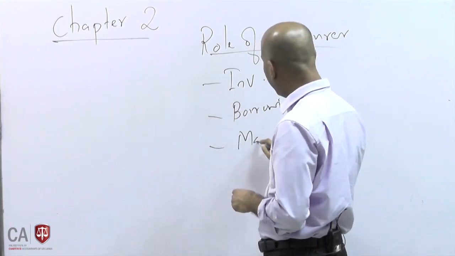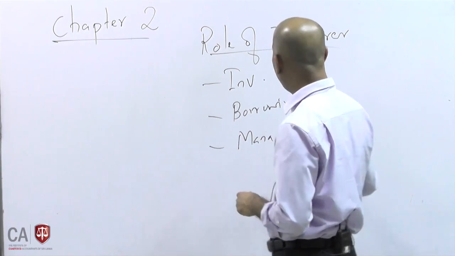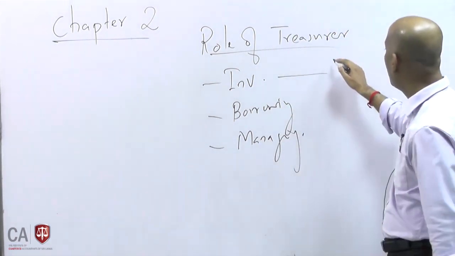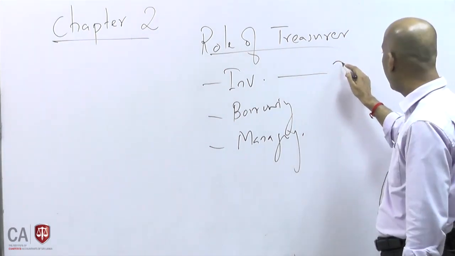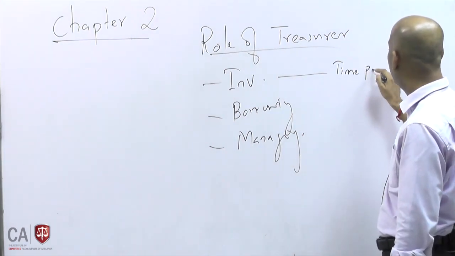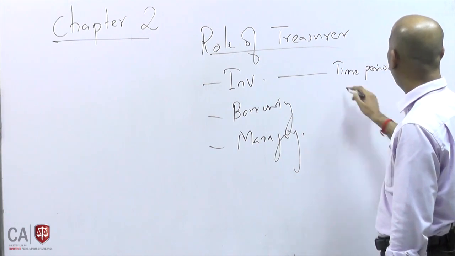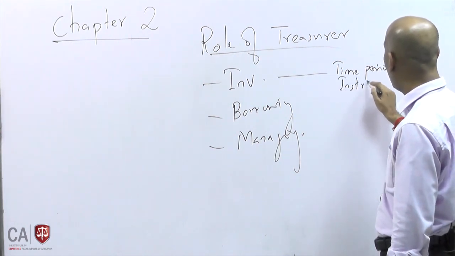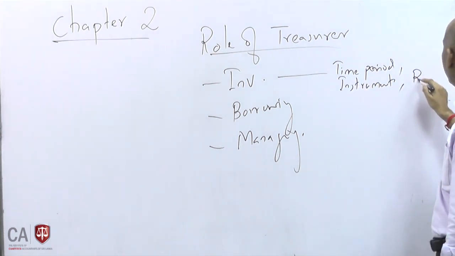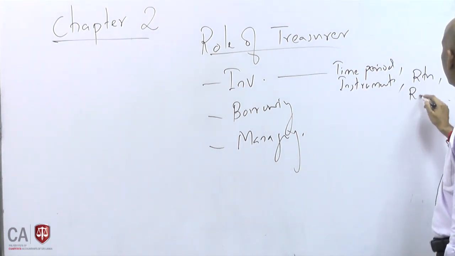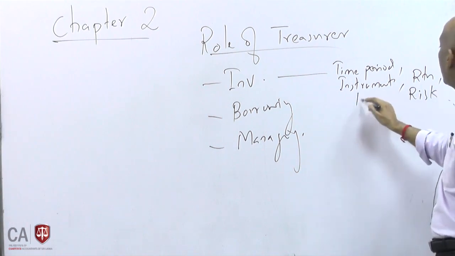and managing. When you say investment, the factors you need to look at are the time period, how long, then instruments, where you are going to invest, and the return, the risk and liquidity.